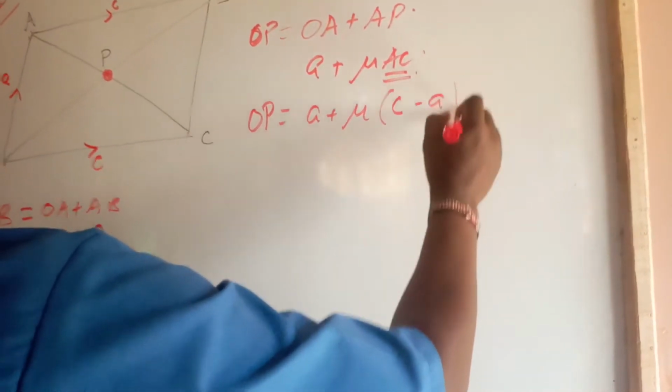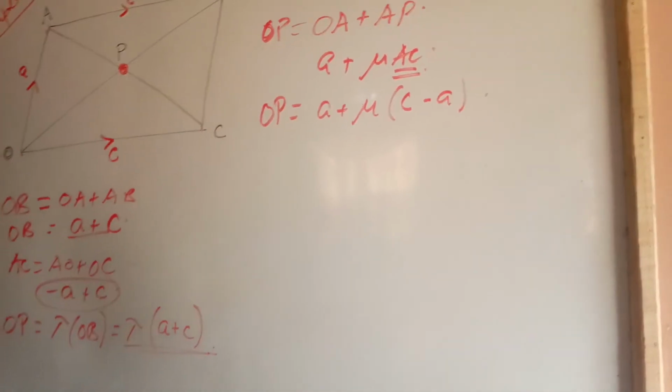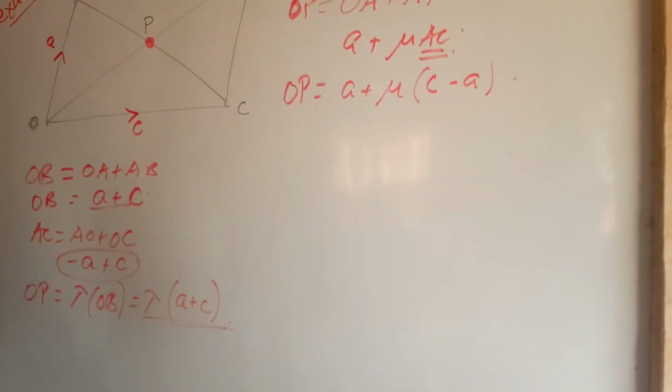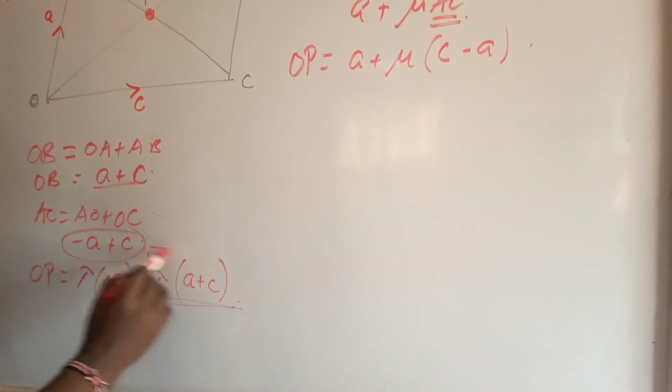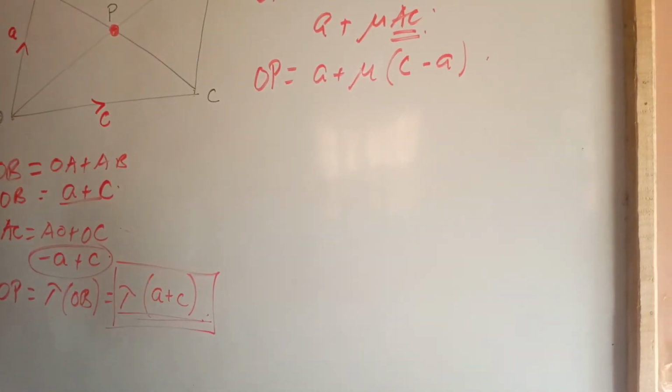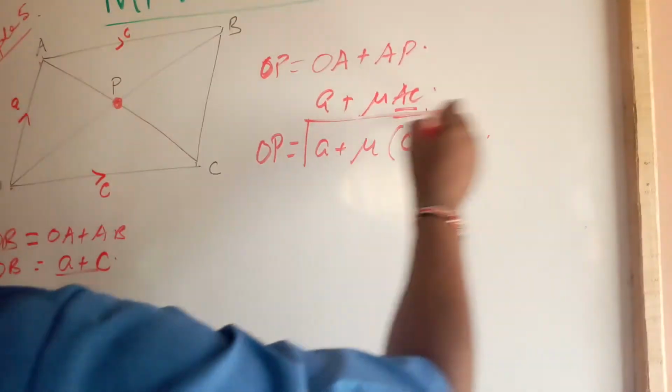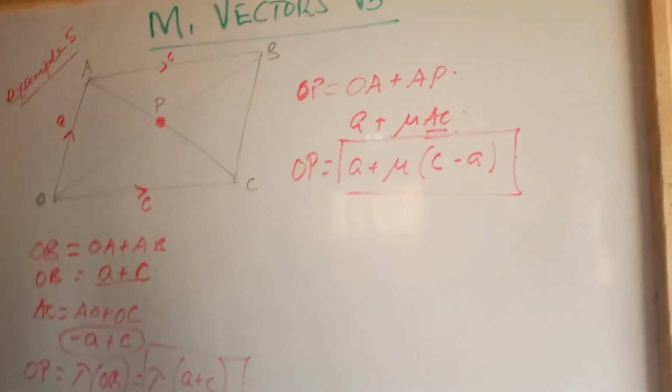(c minus a). And because now we have two expressions of OP, we have OP equals lambda (a plus c), and we have OP equals a plus mu (c minus a).